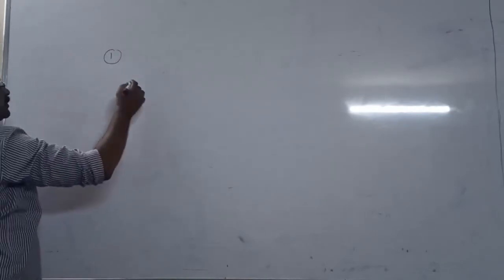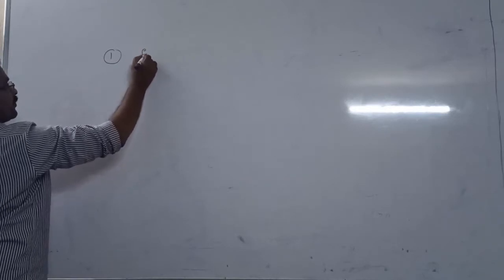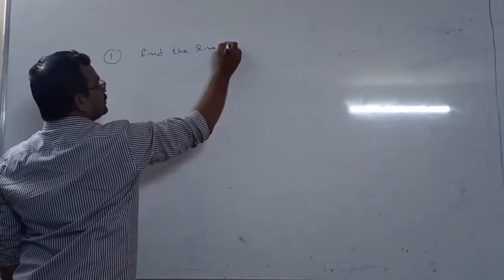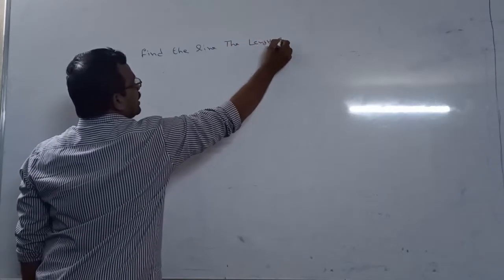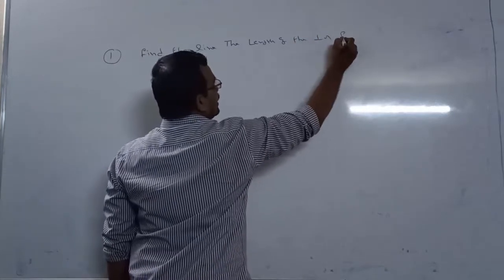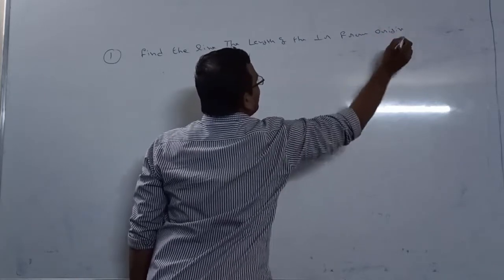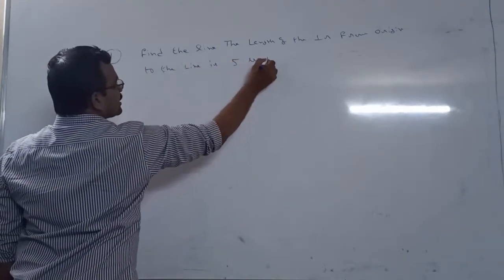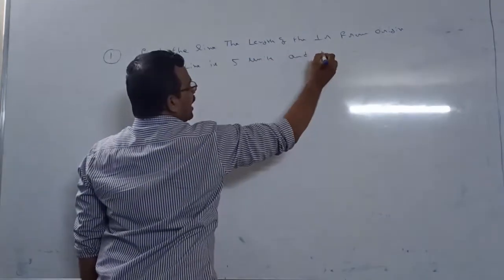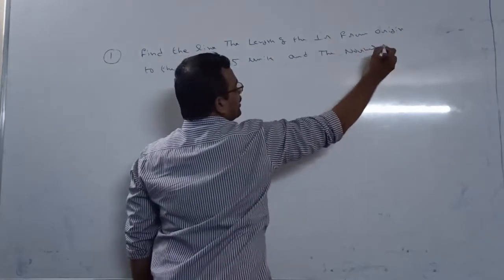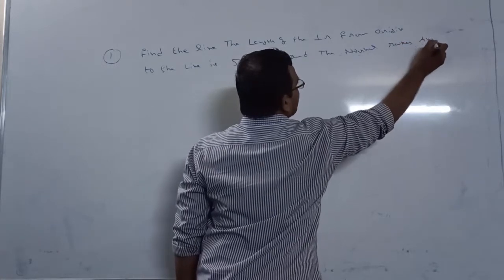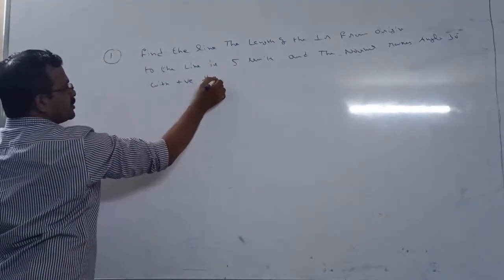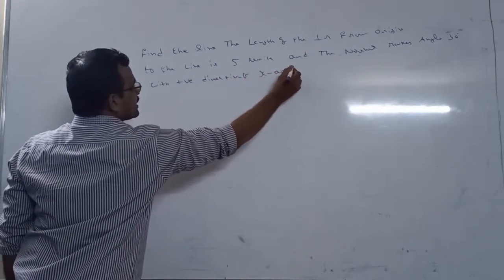Find the line where the length of the perpendicular from the origin to the line is 5 units, and the normal makes the angle 30 degrees with the positive direction of the x-axis.